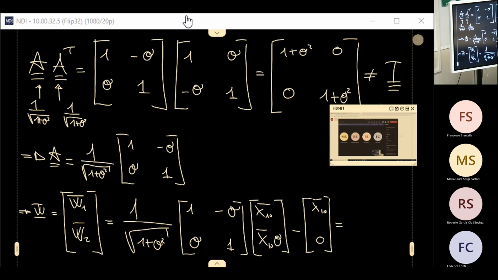So first of all, this is not 0, because it actually amounts to x1 over bar multiplying 1 plus theta squared minus 1, and 0. So it's 0, second coordinate, and 1. Let me rewrite it clearly.